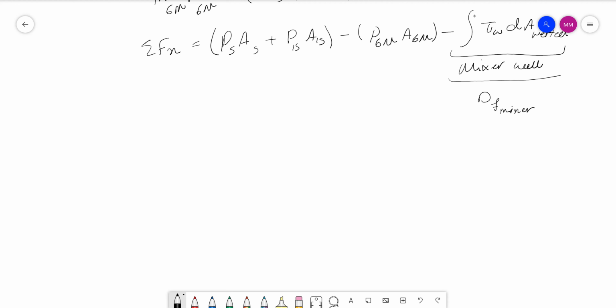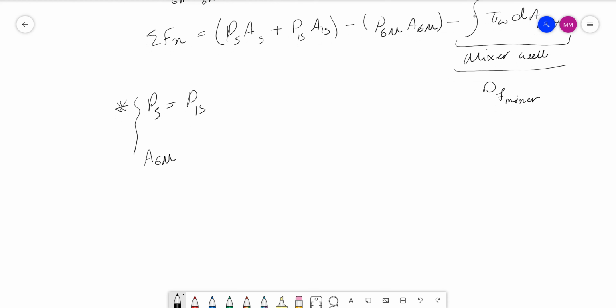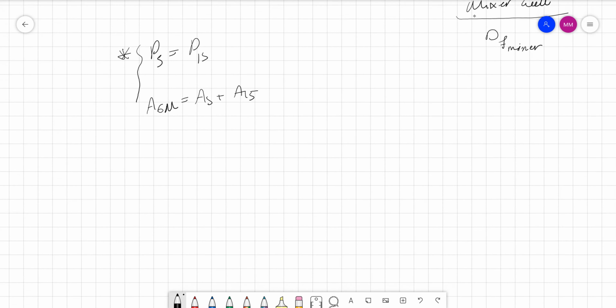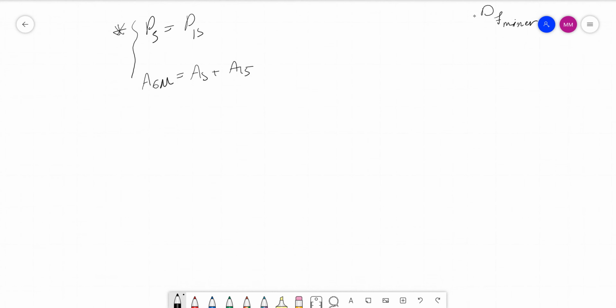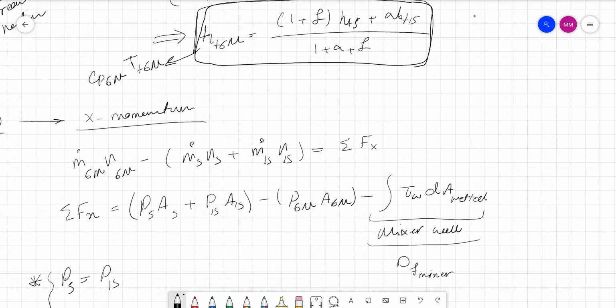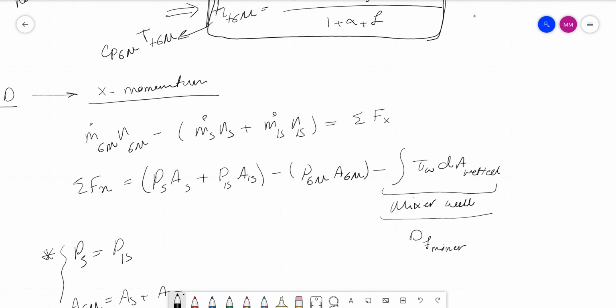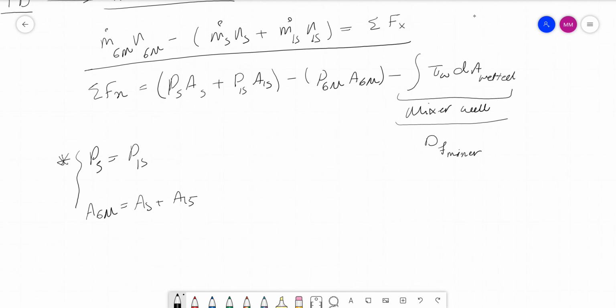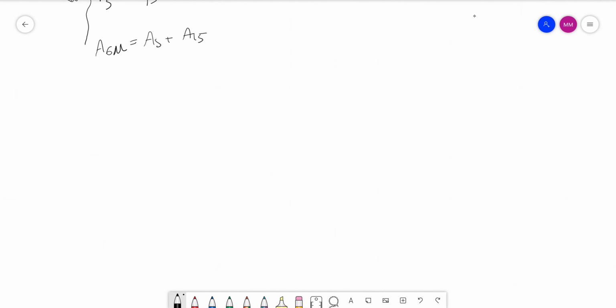And we also had the Kutta condition here, which told us that P5 is equal to P15. We can also find the relationship for the areas. The area at 6m is area at 5 plus area at 15, so essentially your core area plus your bypass area. So let's plug the forces in here in the main equation we had, and rewrite the equation and see what we're going to get.